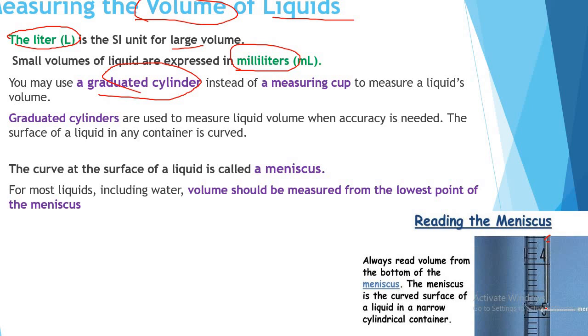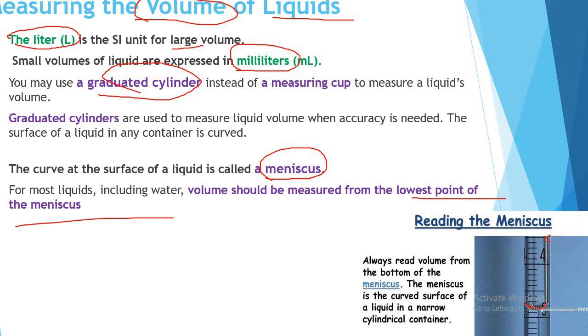The surface of liquid in any container is curved. This curve at the surface of liquid is called the meniscus. For most liquids, including water, volume should be measured from the lowest point of the meniscus.